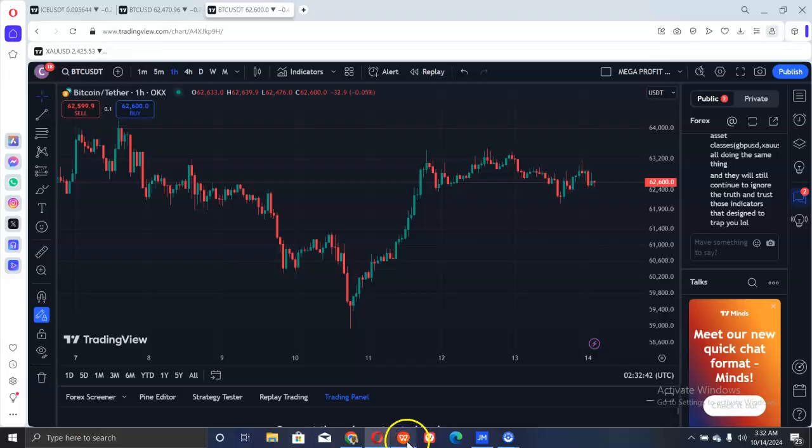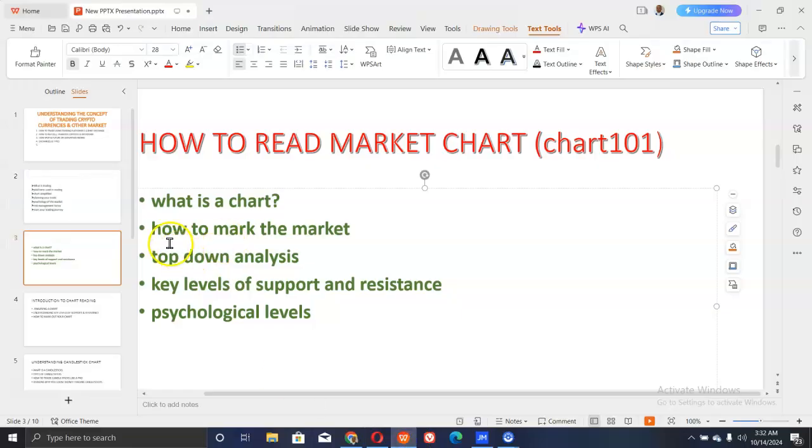So the question now is, how do we mark the market? What I call this is top-down analysis. Top-down analysis enables you to know the trend of the market, and you move with the trend. As a trader, you trade the trend.